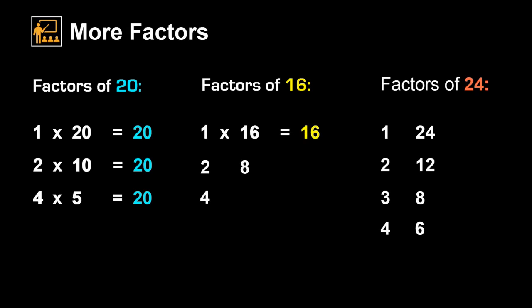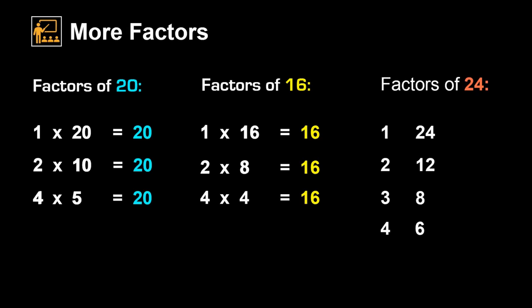Therefore the factors of 16: 1 multiplied by 16 is 16, 2 multiplied by 8 is 16, and 4 multiplied by 4 is also 16, which means 1, 2, 4, 8, and 16 are factors of 16.